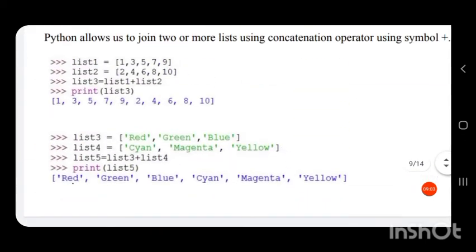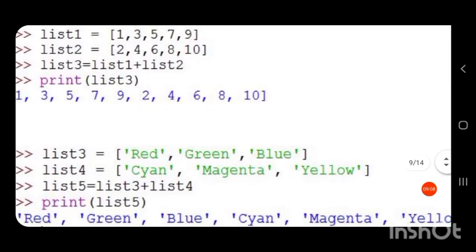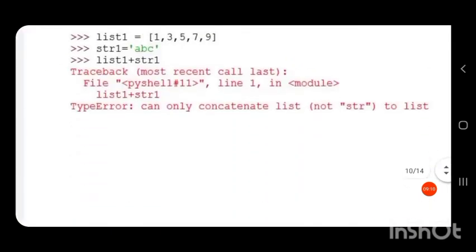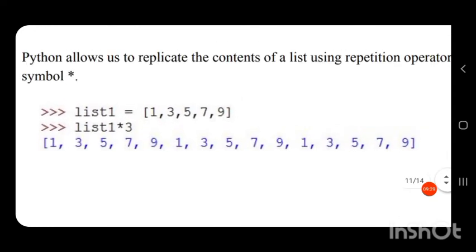Like in case of concatenation, both the operands should be lists, but in case of replication, one operand should be a list and the other operand should be an integer. What the replication does is it creates a new list containing the values of the list three times. If the integer value is 3, it repeats the list 3 times.